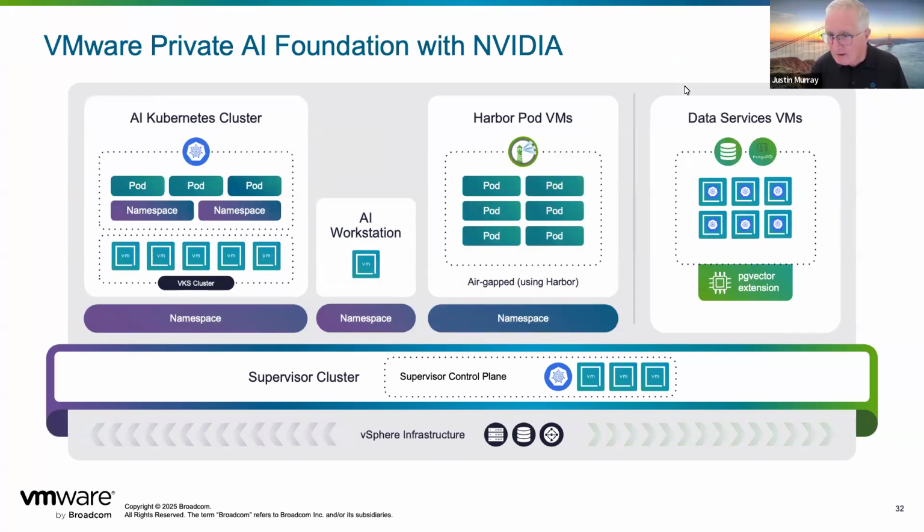We deploy Harbor because this world of AI development and production is full of containers, and we want a private repository of containers. We use this Harbor private repository for containers. It shows pods here, but those are the implementation of Harbor itself. We use Harbor as a local repository so that we can do this in fully disconnected mode, in fully air-gapped mode, so that we don't have to be connected to the internet when we're deploying these clusters on the left-hand side here.